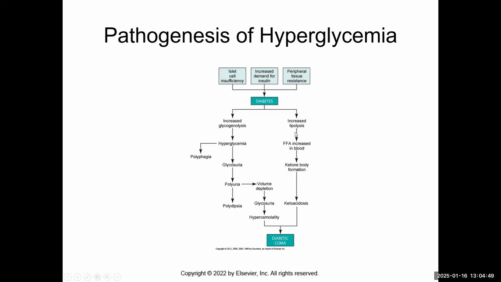And then you can also have increased lipolysis, and lipolysis is a breakdown of lipids, and this is where we get into trouble because then free fatty acids are increased in the blood, and then they form ketones, and the increased ketones will create what we call ketoacidosis. I know that there are a lot of diets out there that want to try to induce ketosis.